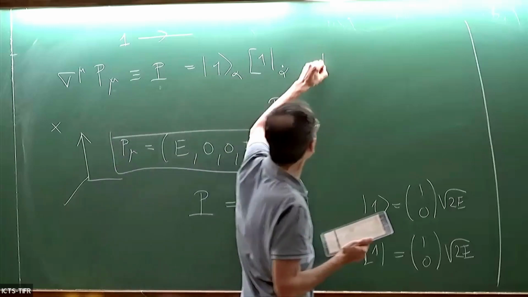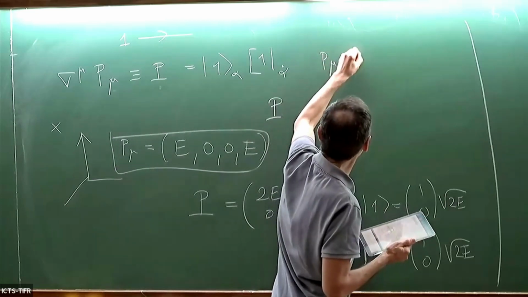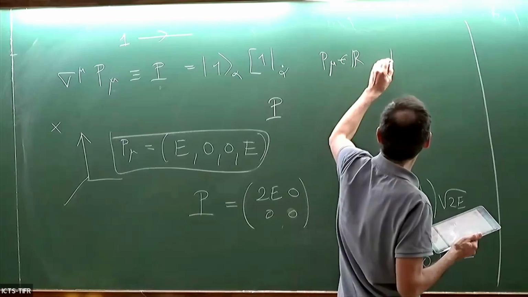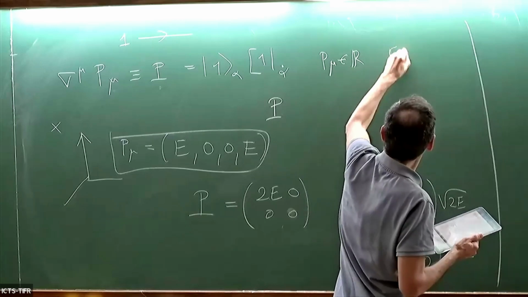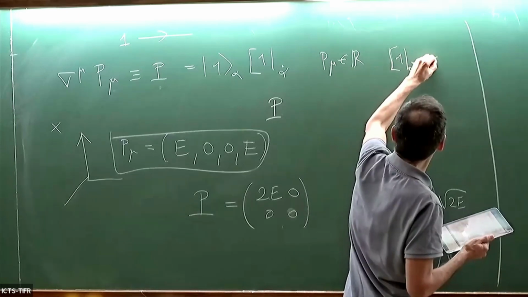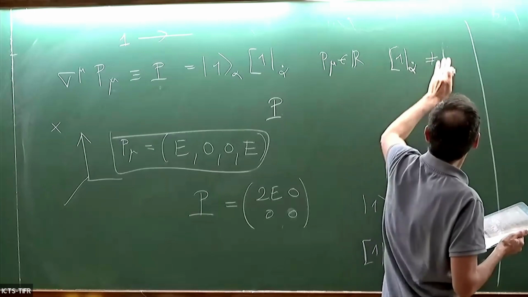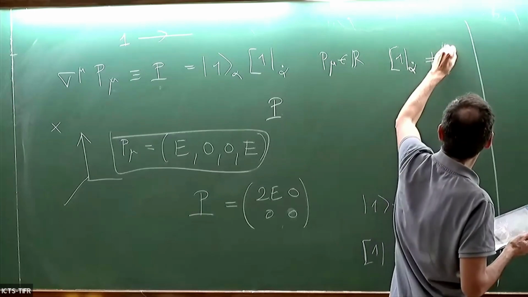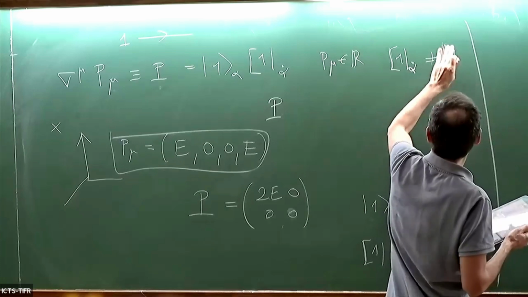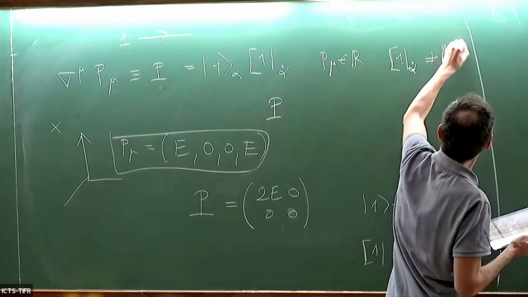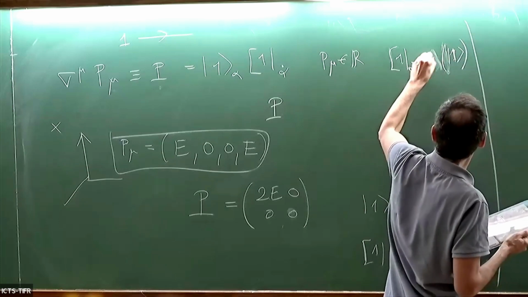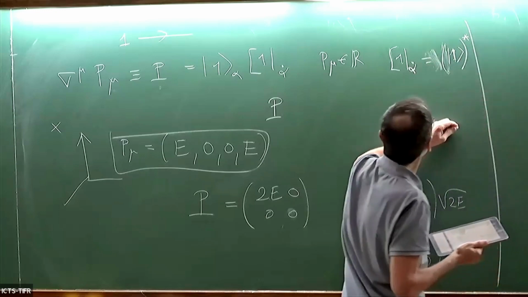So if the P mu is real, this guy has to be related to the other. But I don't want to talk much about this because we will remove the condition of being real. This is a big step we're going to take.